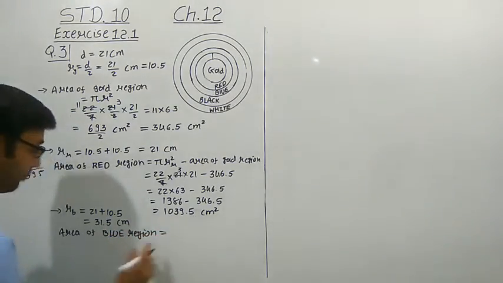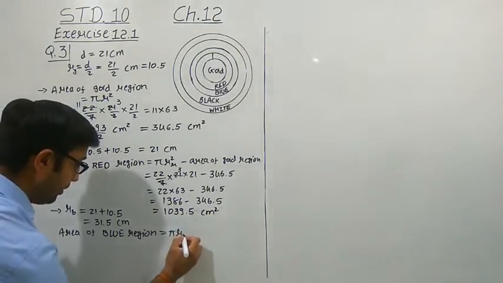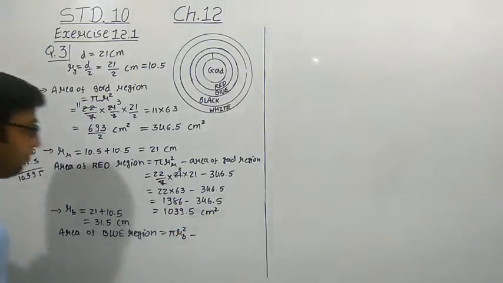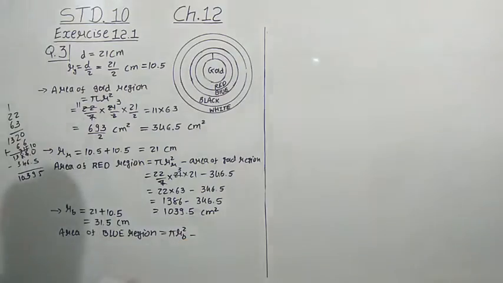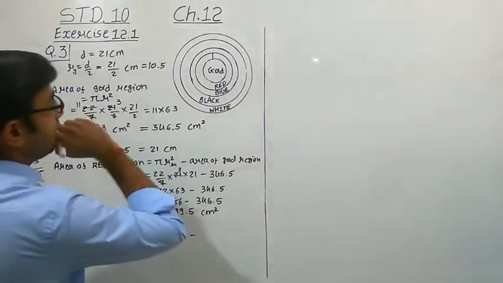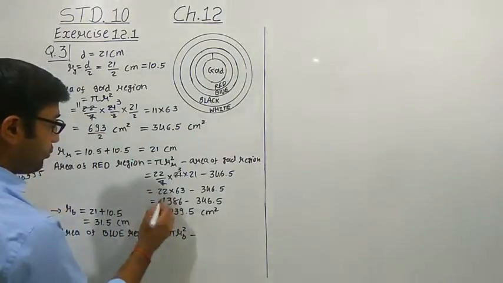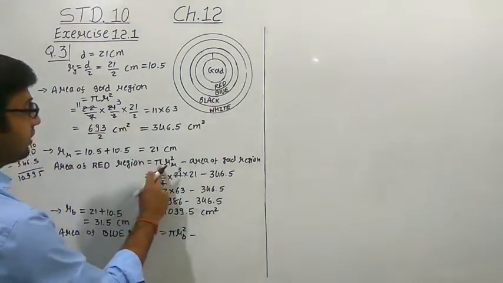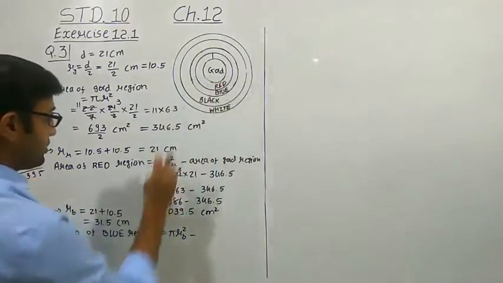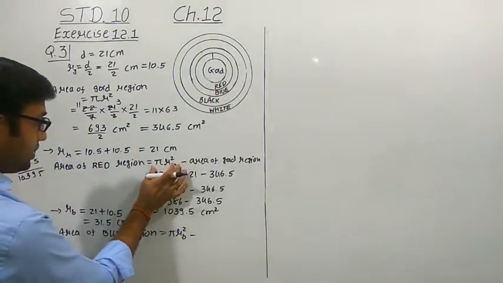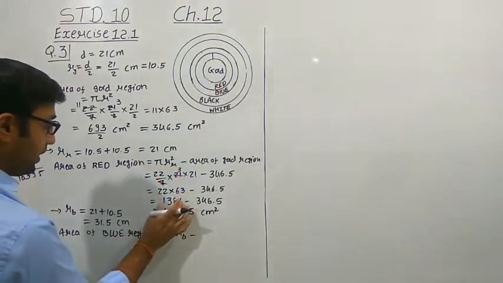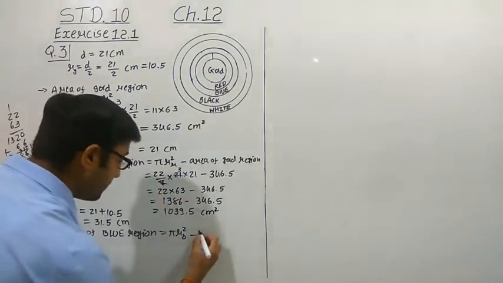First of all, we have to find the area of the circle with the radius blue, and then we have to subtract the area that is covered by the red region. The area covered by the red region is pi r square, and the value we get here is 1386.